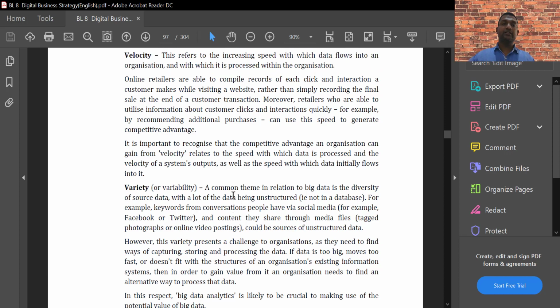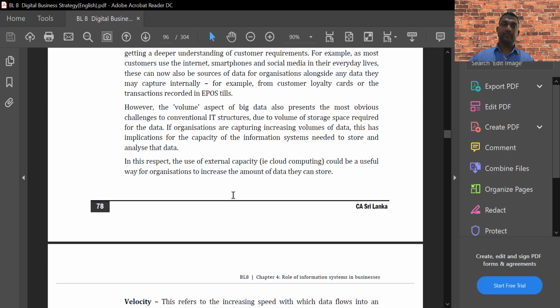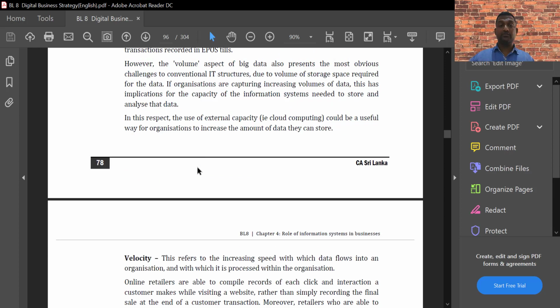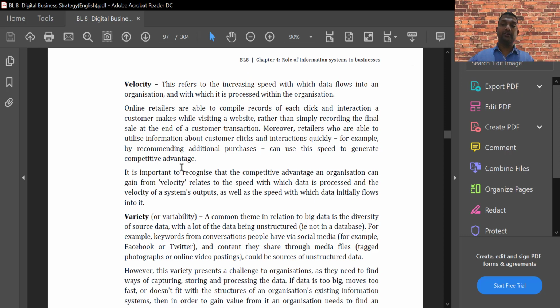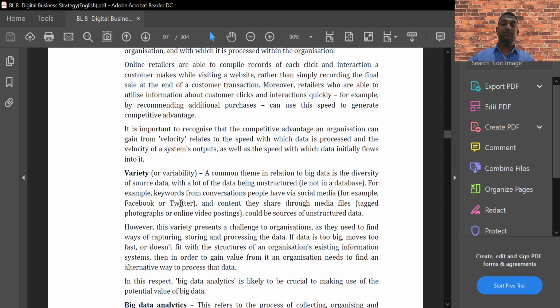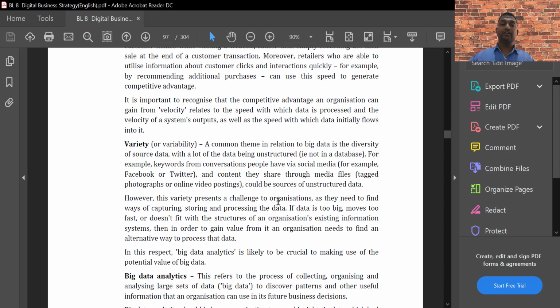So big data has a large volume, it accumulates, we receive it at a higher speed, and it also has this characteristic where data is a combination of a variety of different types of data.